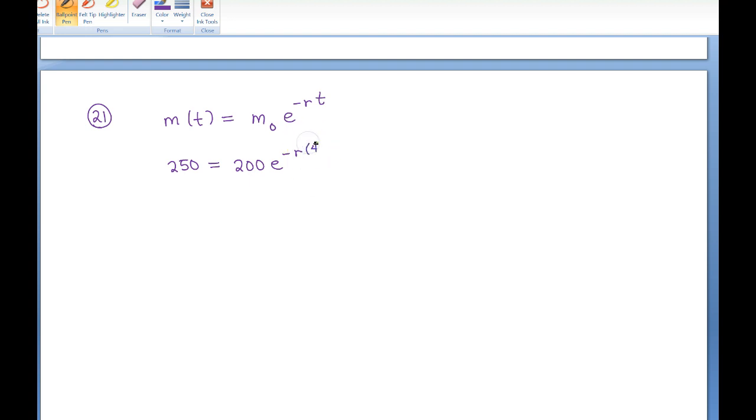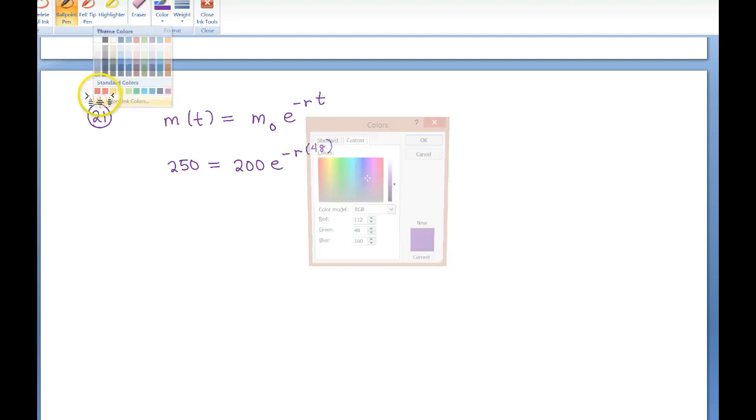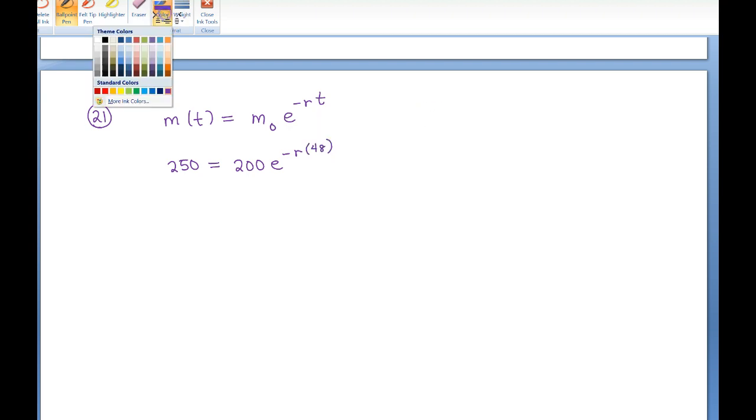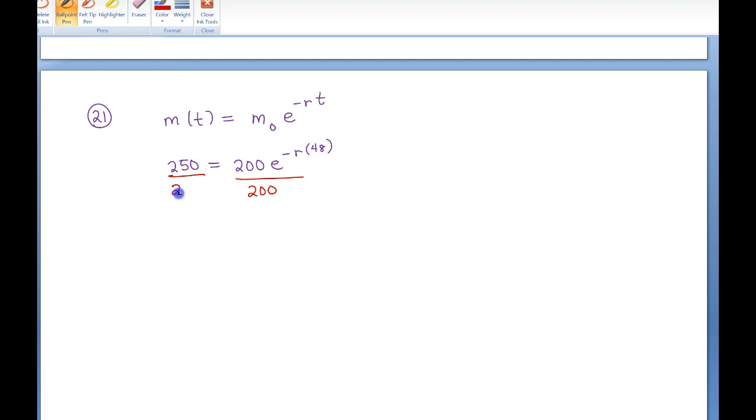So again, it said 48 hours. So the first thing we're going to do is divide both sides by 200. So I get 1.25 equals e to the negative 48r. So now we're going to do ln of both sides.